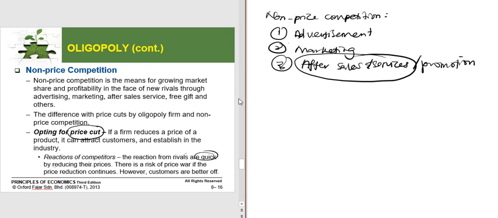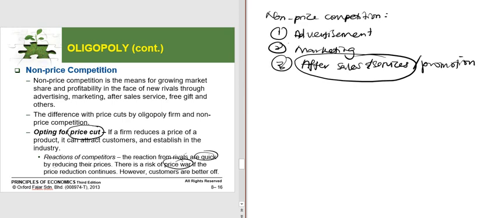If one firm reduces the price, the other firms will quickly reduce their price as well. When this happens, there is a tendency for a price war to occur, competition or war in terms of price. So it is not very healthy for the producers or firms, because eventually they will make losses, or their total revenue will reduce.